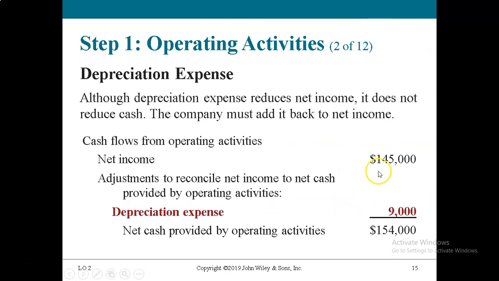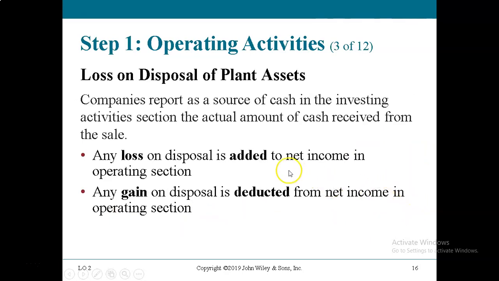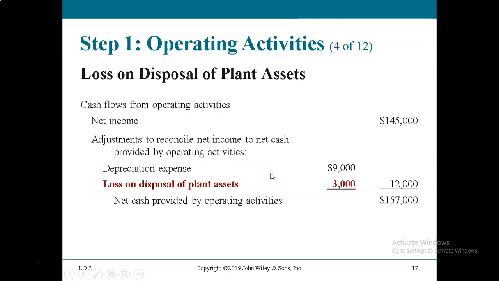So here's part of the operating activity section. You can see we have net income, $145,000, and then you always add back depreciation expense. Remember, you deduct any gain, you add any loss. So here, if we have a loss, you can see we're taking the loss and we're adding it back.